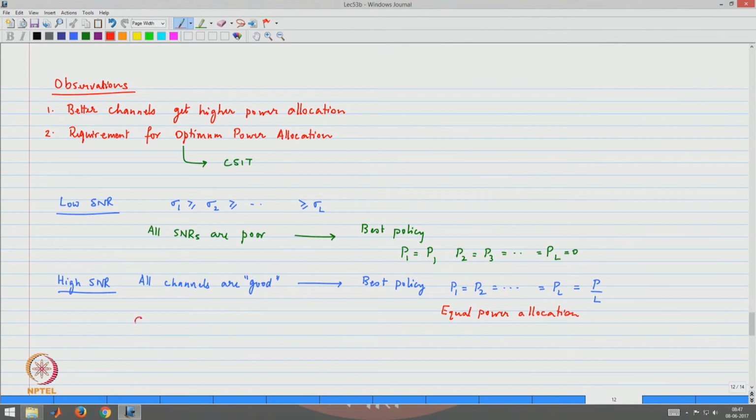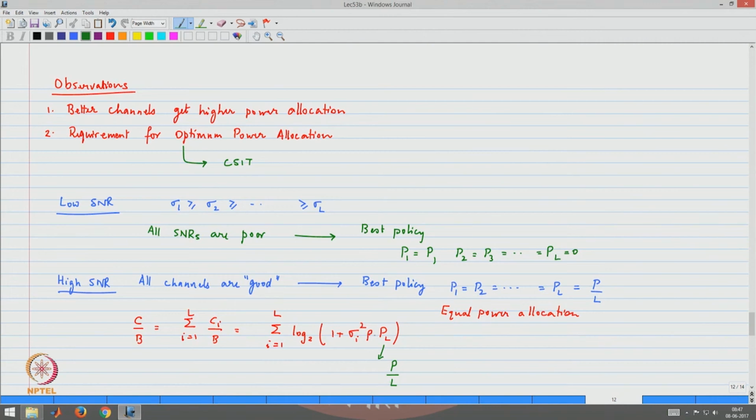The capacity C divided by B would be equal to the summation i equal to 1 through L of the individual capacities Ci divided by B, that is given by summation i equal to 1 through L logarithm base 2 of 1 plus sigma i squared rho times PL. But we know that PL we have taken to be P divided by L as the expression.